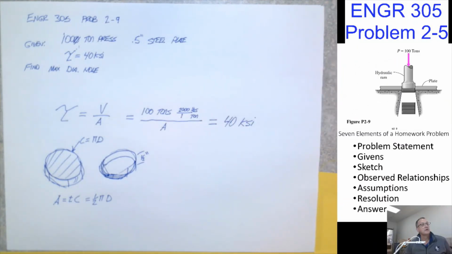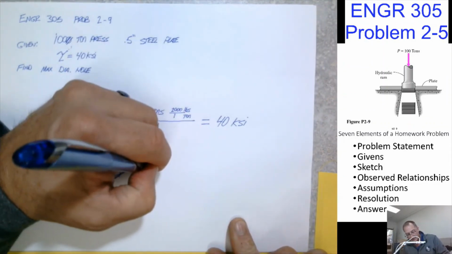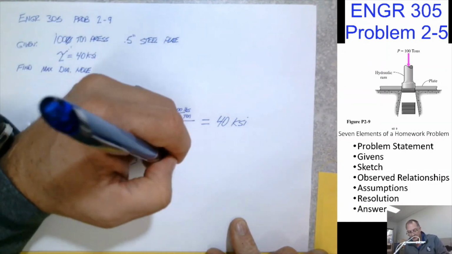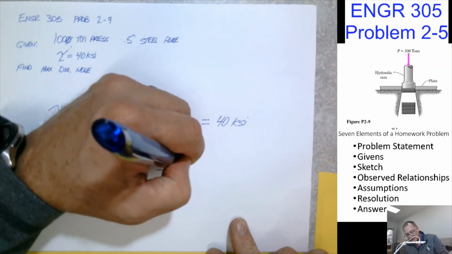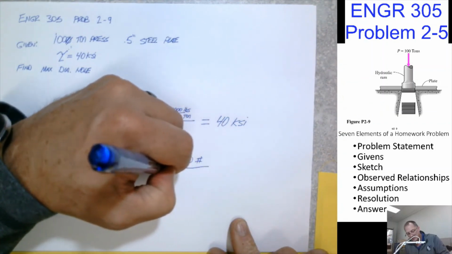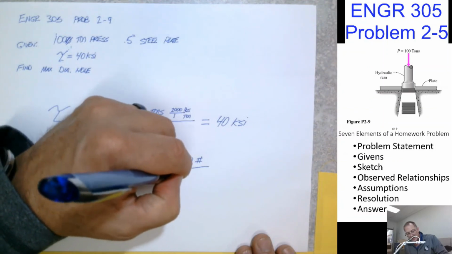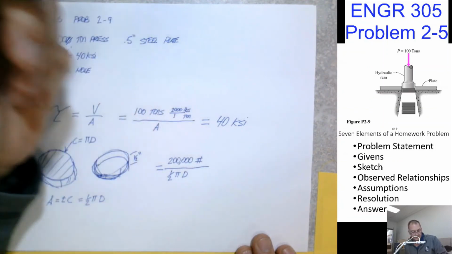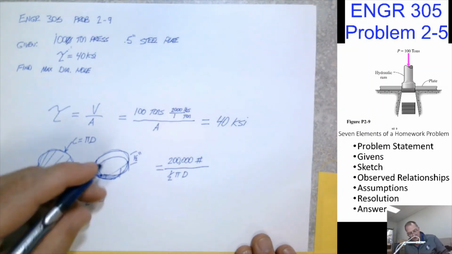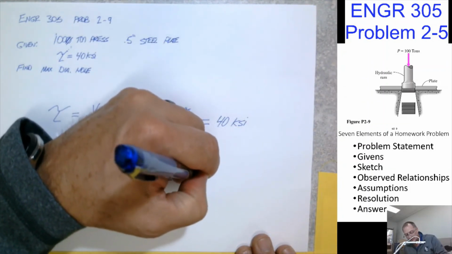Shrink that back up. I'm going to rewrite this. The stress equals 100 times 2,000, which is 200,000 pounds, divided by an area, which I'll just write out as 1/2 pi times the diameter. Now the 1/2 has dimensions of inches and the diameter has dimensions of inches, so that's going to have units of inches squared.